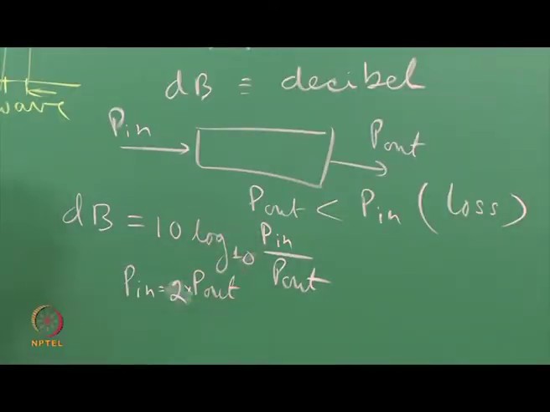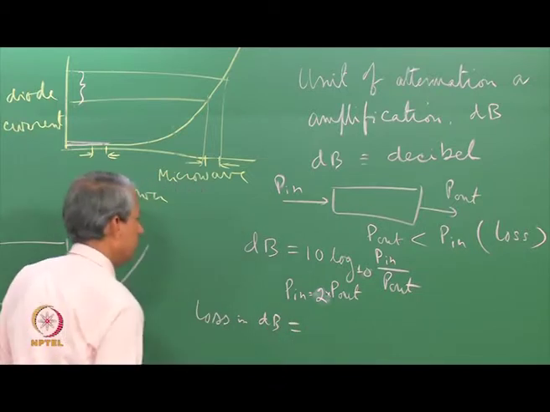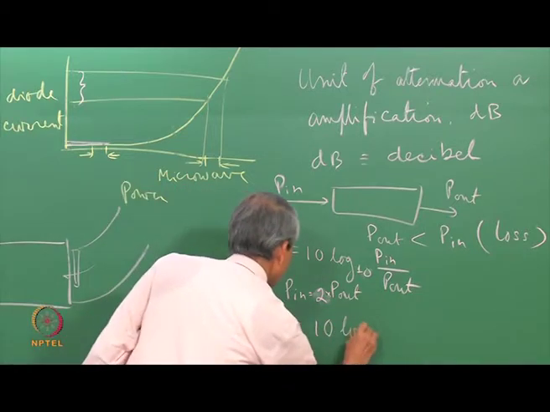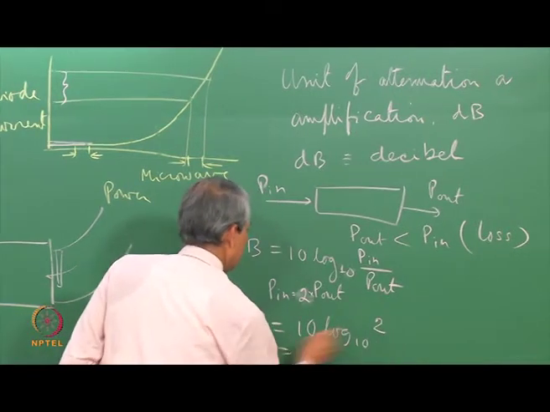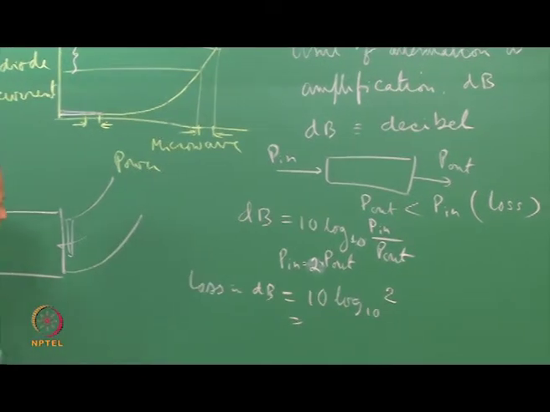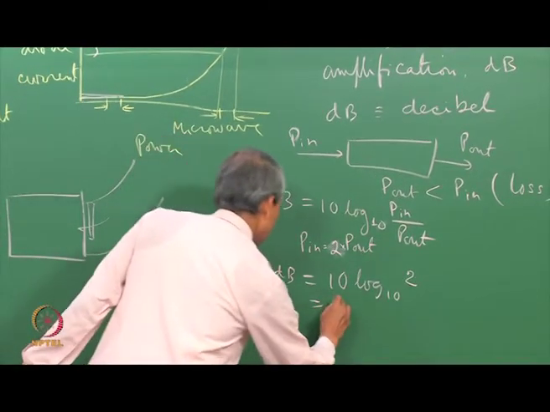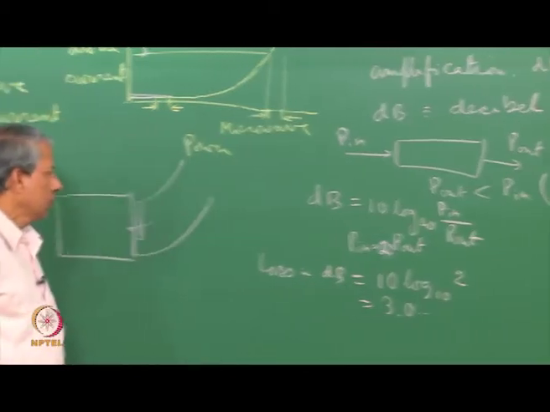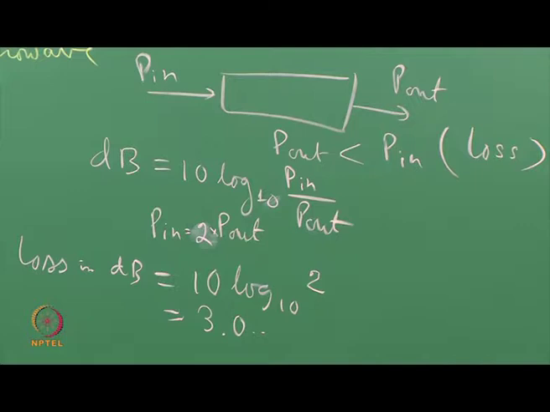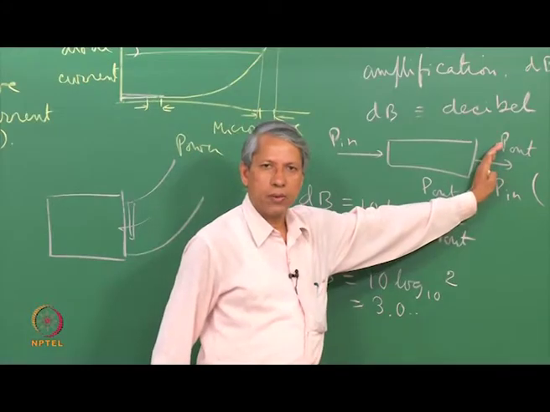Then if you put it here, the loss in dB will be 10 log base 10 of 2. If you do this log 2, then times 10, this will be about 3.0 something. So, this will be about 3 dB loss taking place here when half the micropower goes in there.